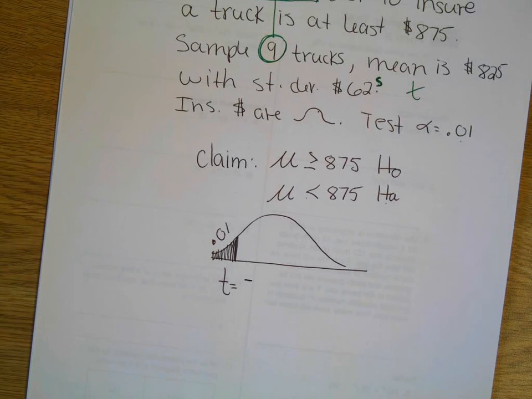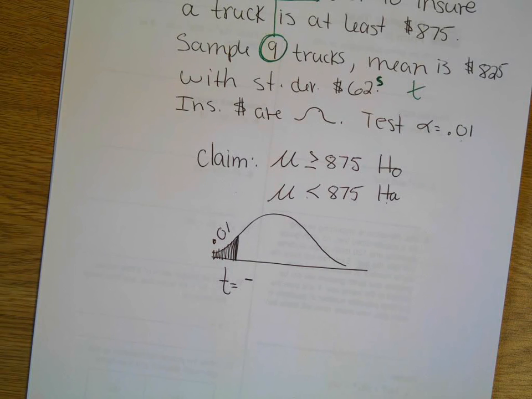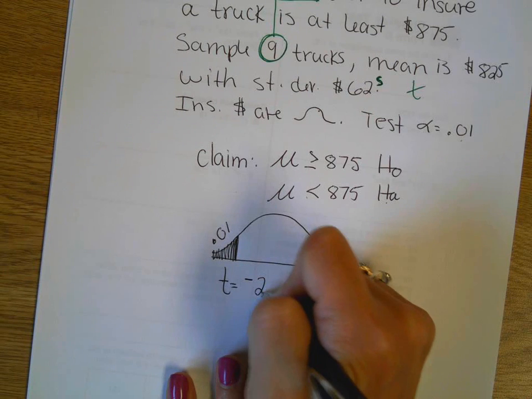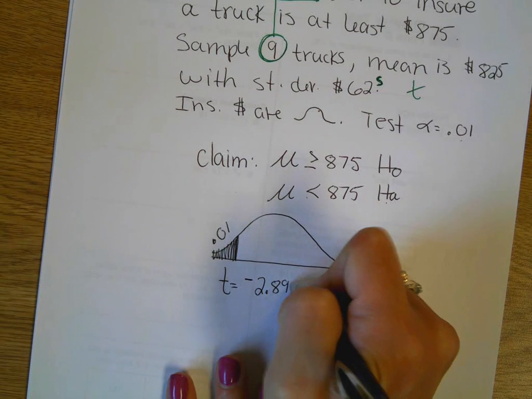So look up your degrees of freedom on the T table with the 1% in one tail. What is our critical value? 7 is wrong. Close though. I'm agreeing with negative 2.896.